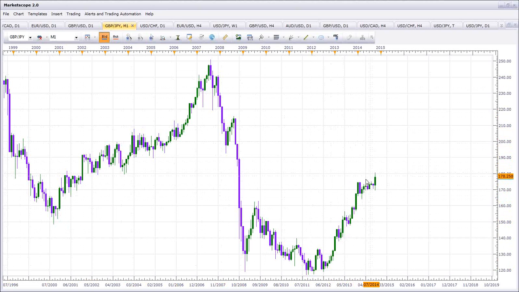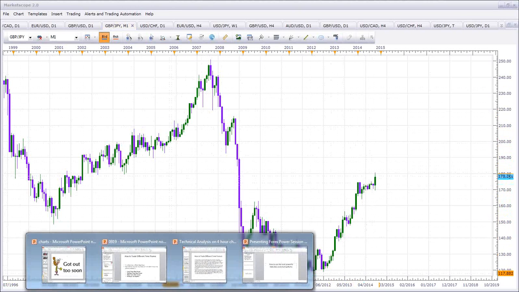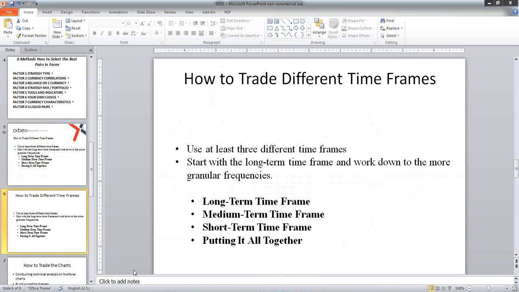So let's say that today you decided to trade pound yen on the 4-hour chart. I think that was a topic that you received in your email, how to do technical analysis on a 4-hour chart.